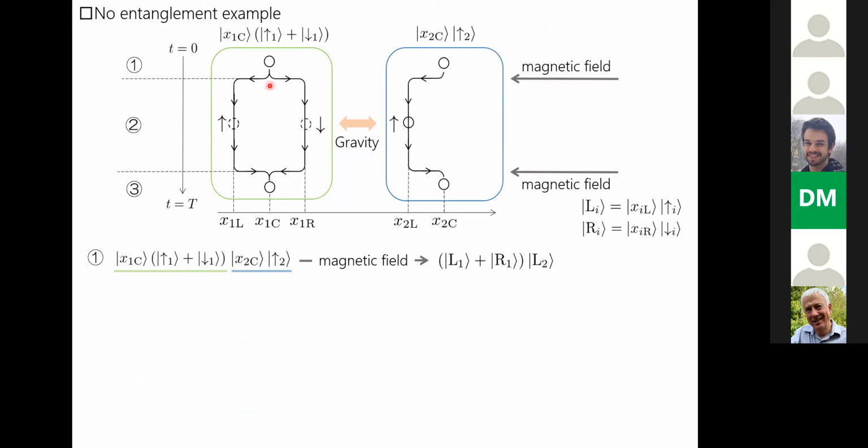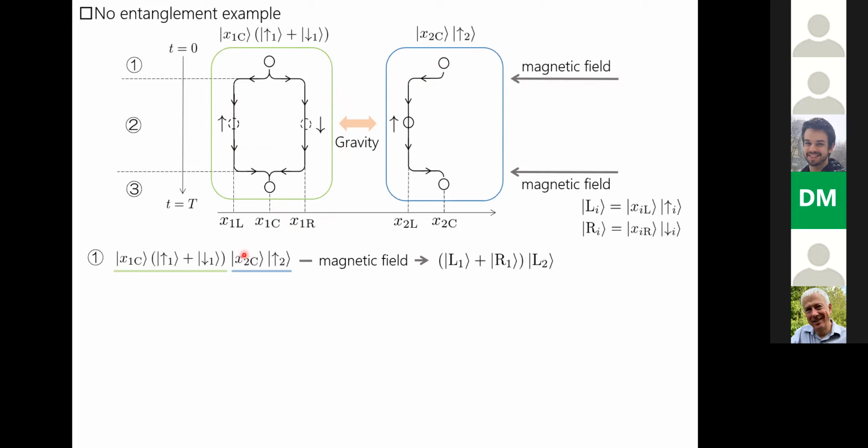We consider that the spin particle in the green part is initially in the superposition of up and down spins, and the particle in the blue part is in the up spin state. In the first stage, a non-uniform magnetic field is applied, and then the particle in the green part will be spatially superposed. On the other hand, the particle in the blue part does not form a superposition.